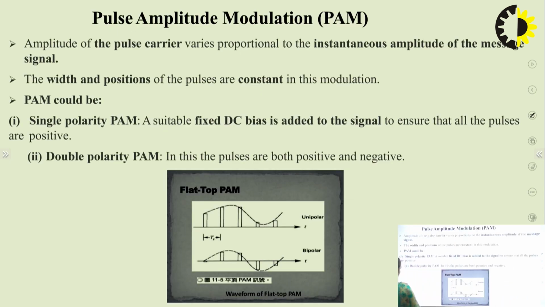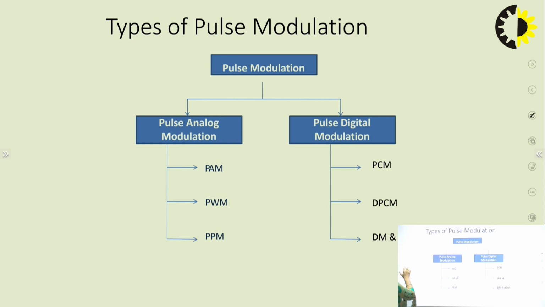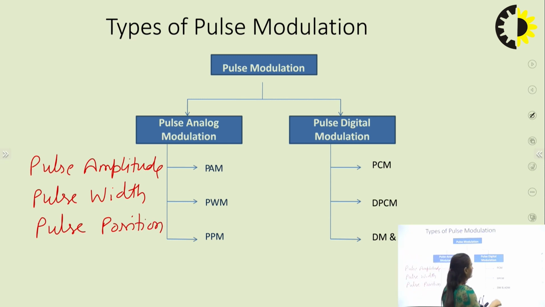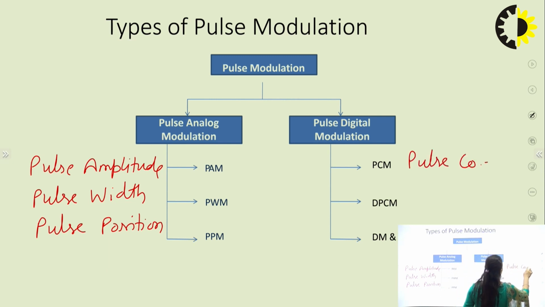So, I can write it here, pulse amplitude modulation. Next is the pulse width modulation. Third one is the pulse position modulation. In the category of pulse digital modulation, first is the pulse code modulation.